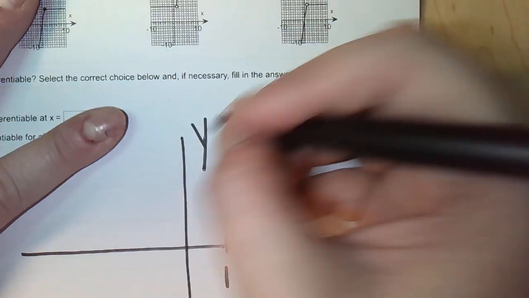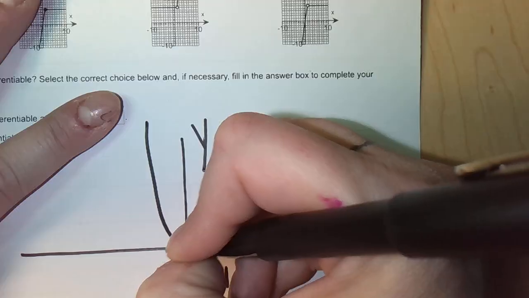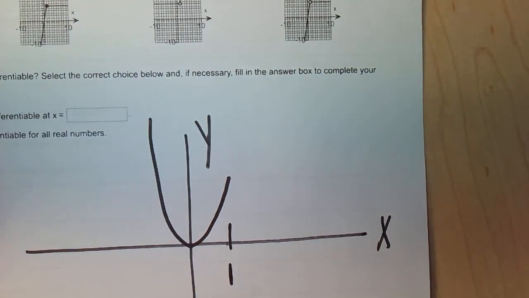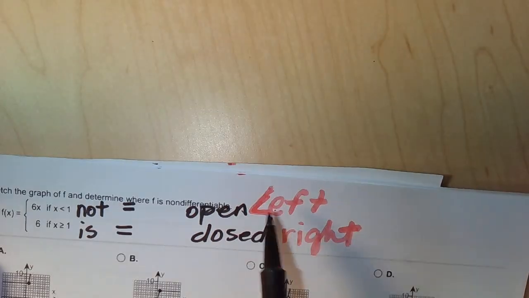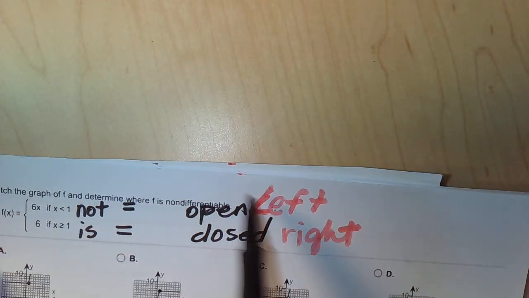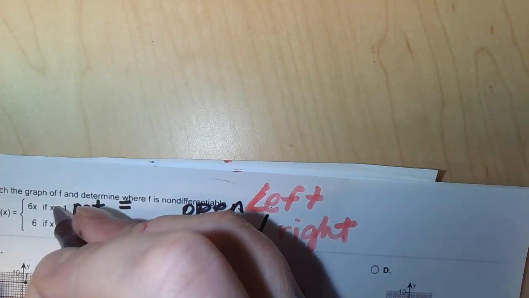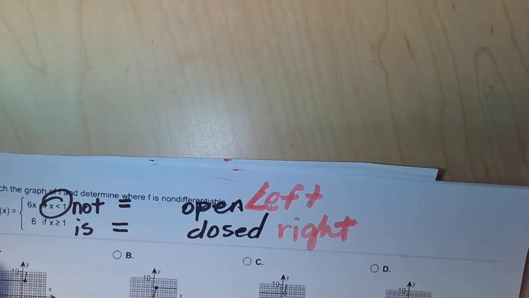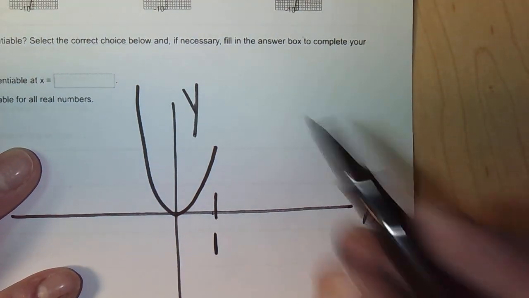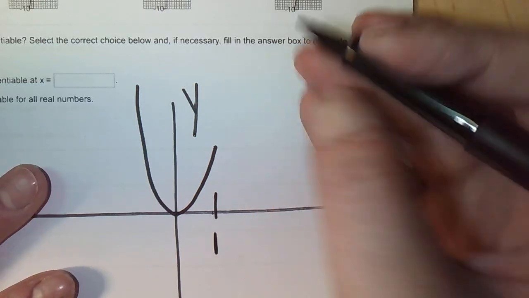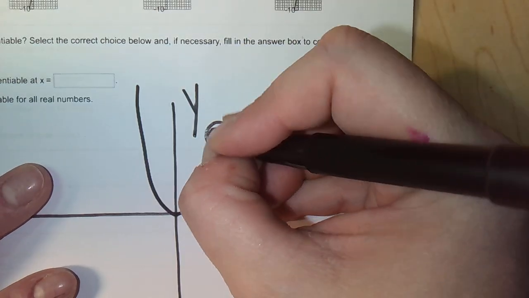So we're going to have something like that. Okay. And on the left, we're going to have an open hole at x is 1. So here's x is 1. It's the left side of the curve, and I'm going to have an open hole.